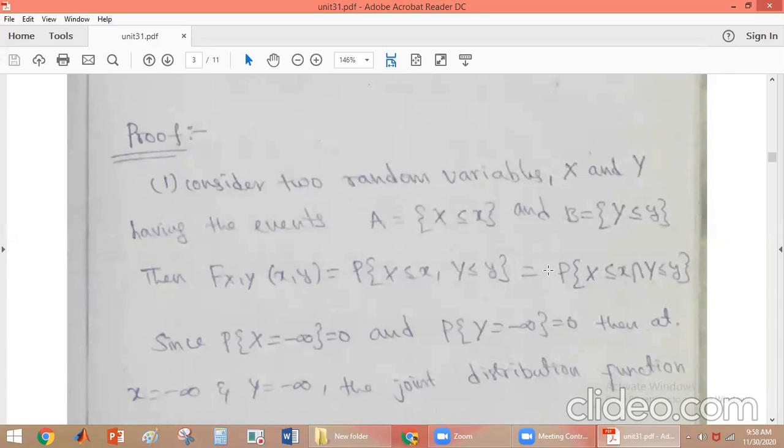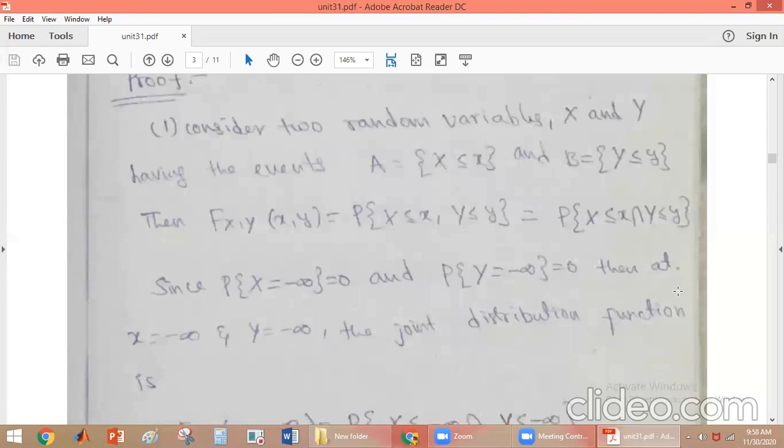How do you write this? This can be written as the probability of X ≤ x intersection Y ≤ y.